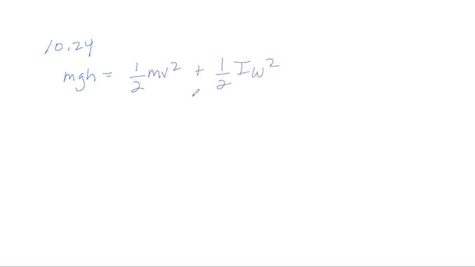I for a solid sphere is 2/5 mr squared, so 2/5 big M r squared, omega squared, and omega is going to be v over r, so this is going to be v squared over r squared.